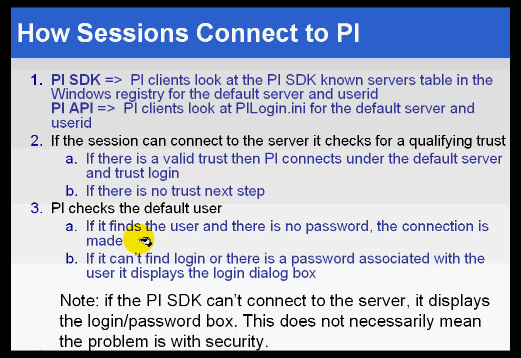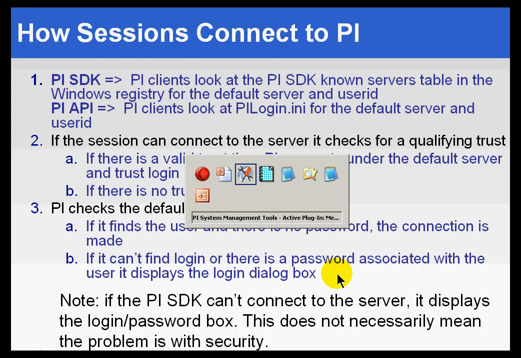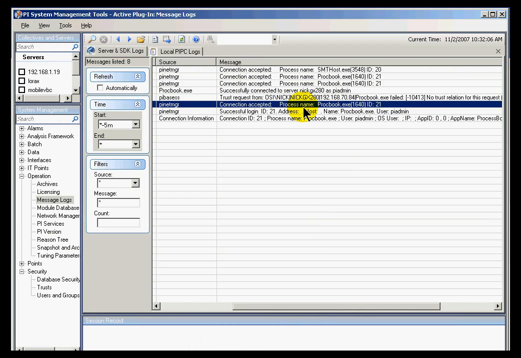But if there is no trust, we will determine what the default user is, and if there is no password associated with that user, we will simply allow the connection. If there is a password, then we're going to throw up a login dialog box and request the user type in a password.